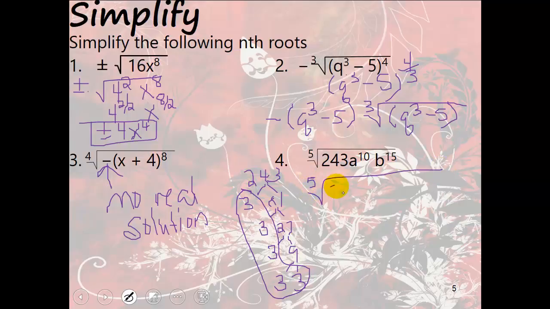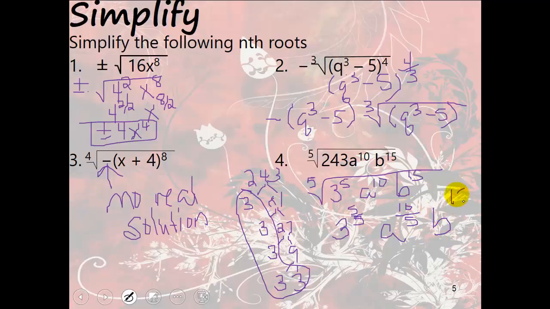So this is 3 to the 5th, a to the 10th, b to the 15th. So now I'm going to divide my power divided by my index. 5 over 5. A to the 10 over 5.